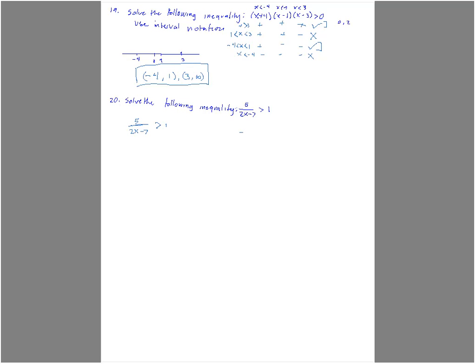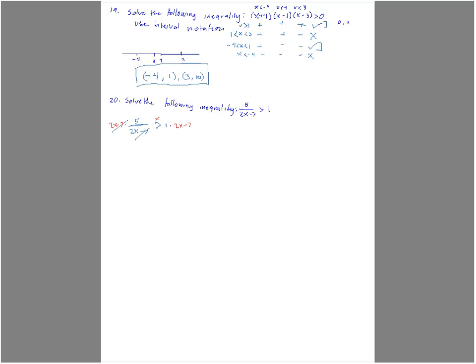But for somewhat linear inequalities like this, where the greatest power is 1 and there are no funky things happening, you can just solve it like a regular algebra problem. Let's go ahead and treat this like an equal sign and multiply both sides by 2x minus 7. And so that ends up with that canceling.